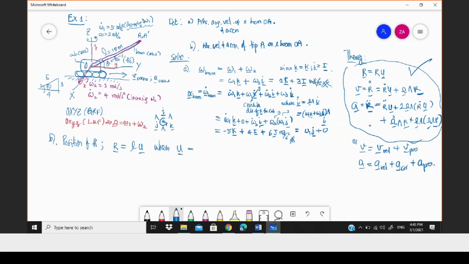So now we can express U using local coordinate. It will be cosine theta small i, and then plus sine theta small j. No, small k, because here is k direction, or small z direction. Oh, sorry, this is j, small j. I make a mistake twice.